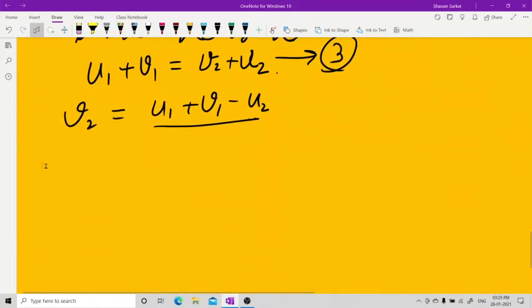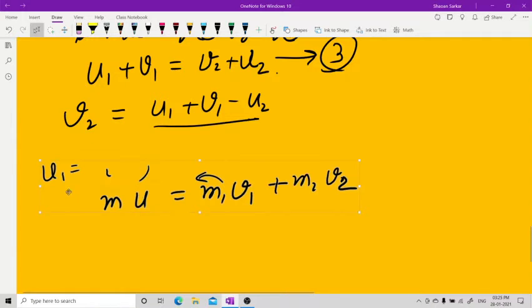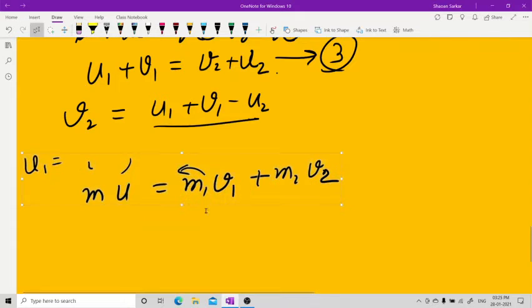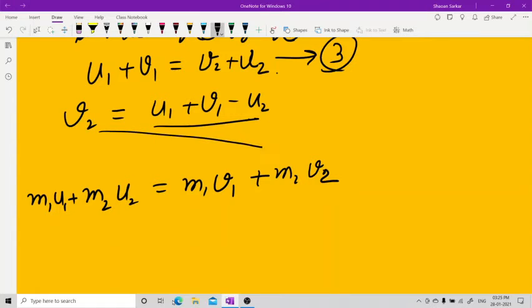Now let me, and here we have, wait a minute, this equation I'm talking about. That equation, let me rewrite it. Here we have m1 u1 plus m2 u2, and I'll put this v2 in this place.